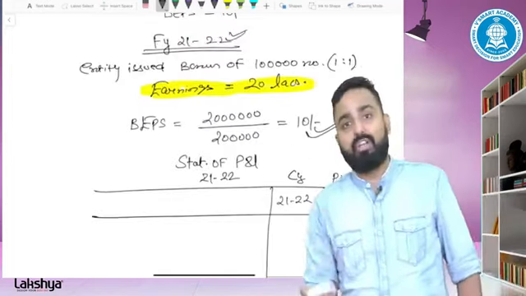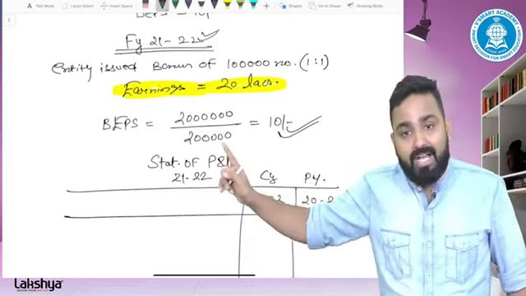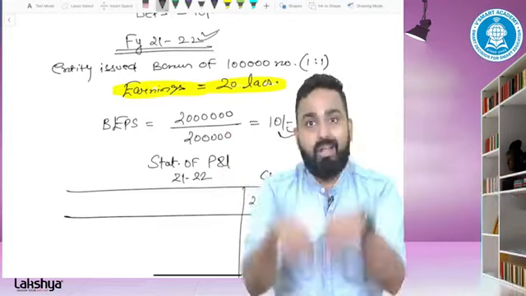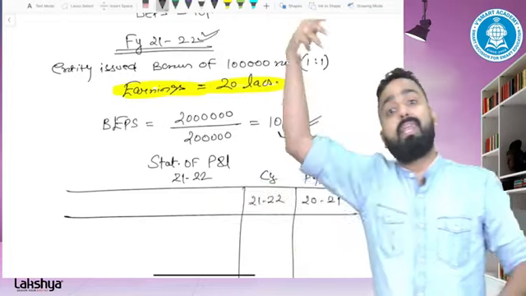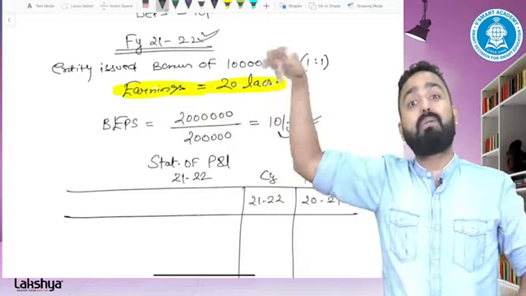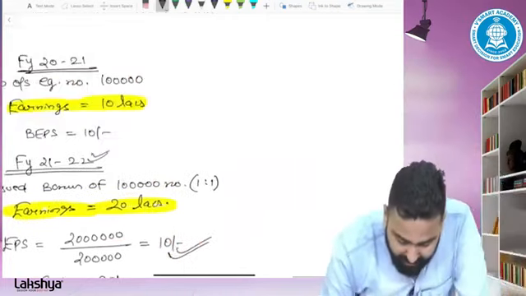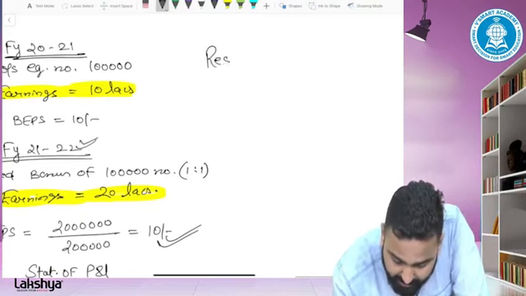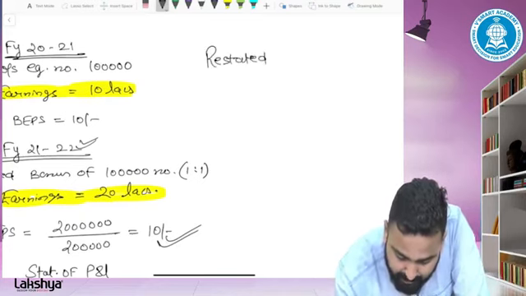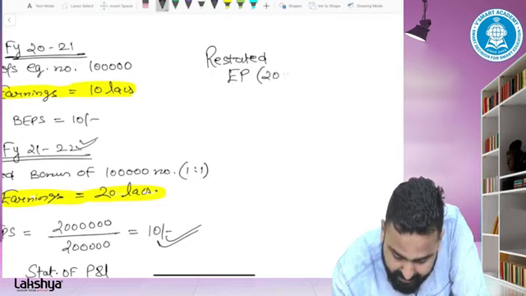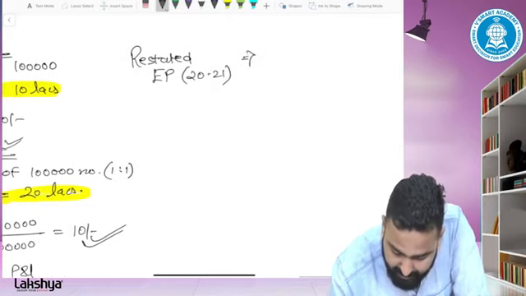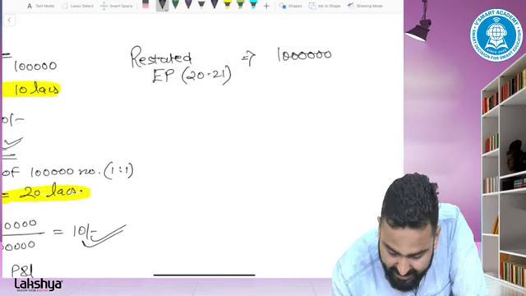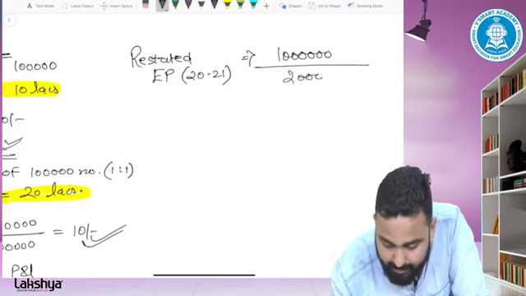And how to revise? We consider bonus not since the beginning of the current year, but since the beginning of the previous year, the earliest period presented. So now we will calculate a restated EPS of 2021 as 10 lakh rupees divided by 2 lakh numbers.